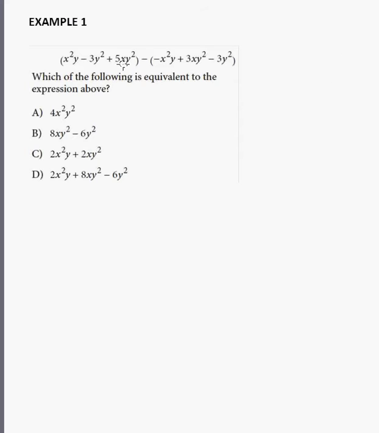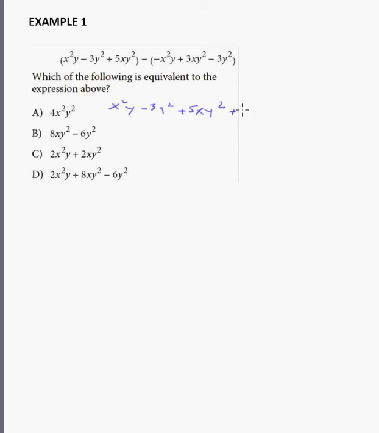Now, in solving this, there is a simple way of dealing with this. I would say the best first approach is just to expand it. So if you want to expand this, you say, well, this is x squared y minus 3y squared plus 5xy squared, and then we're going to distribute this minus 1 times minus, and that's going to be plus.